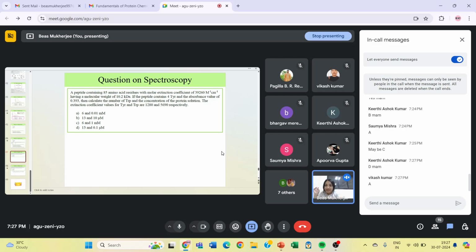The extinction coefficients of tyrosine and tryptophan are given, and 4 tyrosines are given. How many tryptophans there are, you can find out because absorbance is given, and you know Beer-Lambert's law. That is how you have to calculate. Let's have a look at the answer.